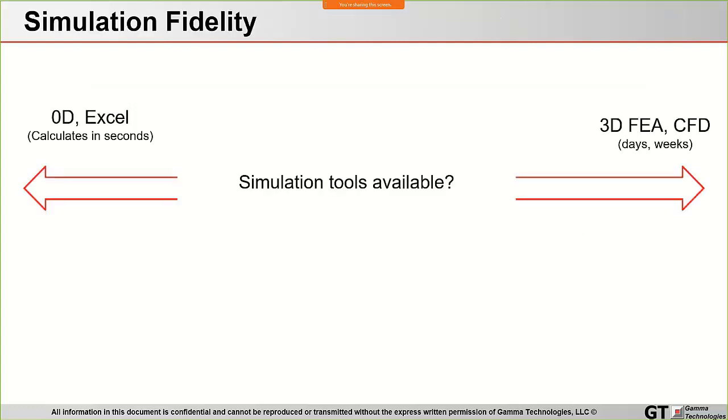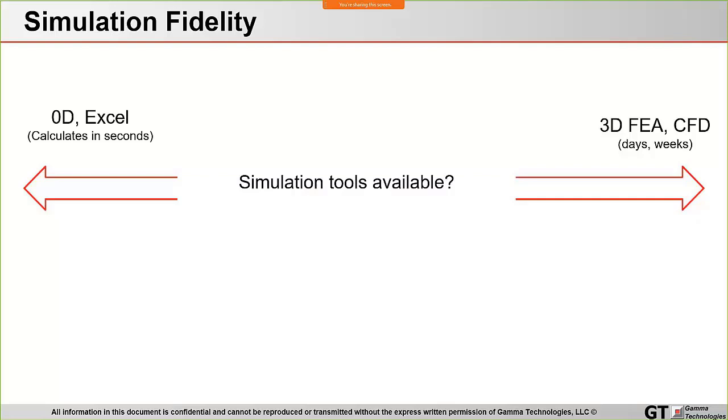Now, in the realm of CAE simulation and multi-physics simulation, there are a variety of tools at the engineer's disposal, typically. And this is a wide spectrum of tools. If you start on the left-hand side, we've seen that engineers often rely on back-of-the-envelope type calculations, Excel type calculations, or even 0D type models representing a pump or a compressor.